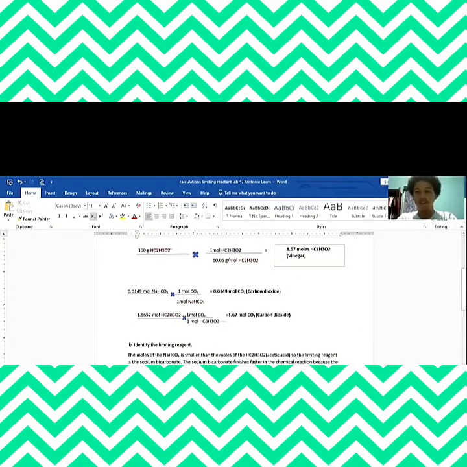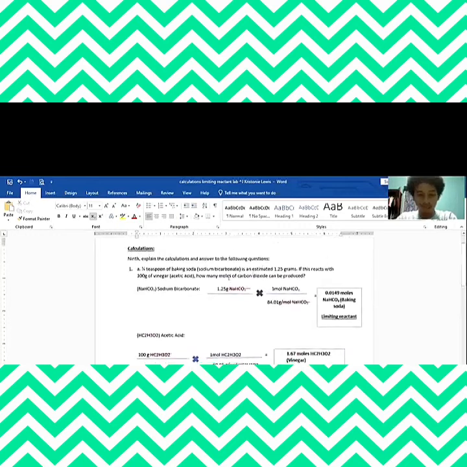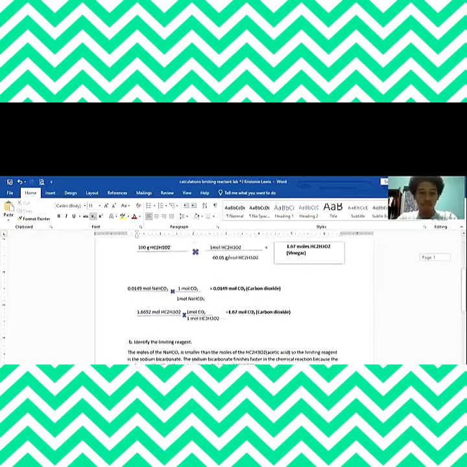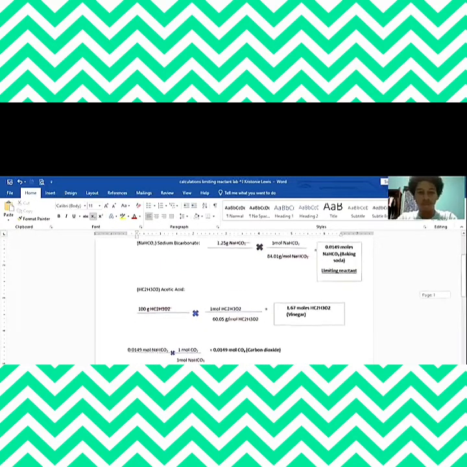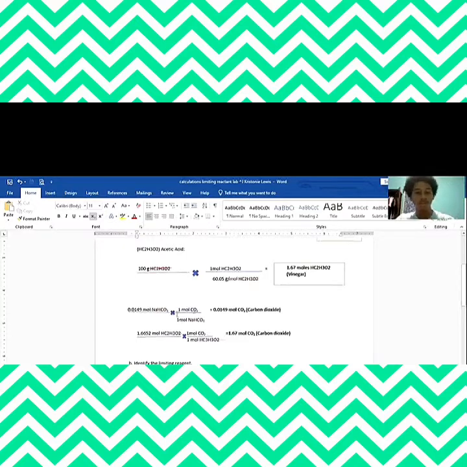Now we need to find out how many moles of carbon dioxide can be produced. So we have here the sodium bicarbonate, 0.0149 mole of sodium bicarbonate, times 1 mole of carbon dioxide over 1 mole of sodium bicarbonate.